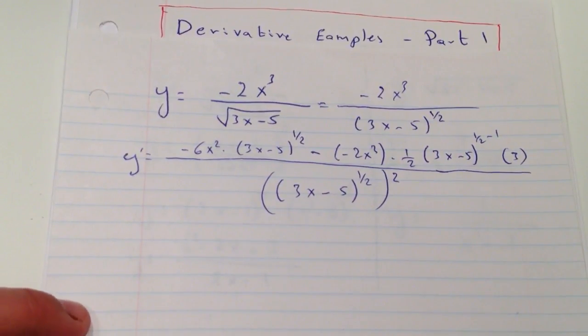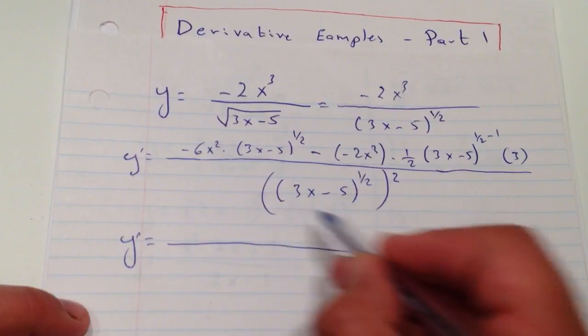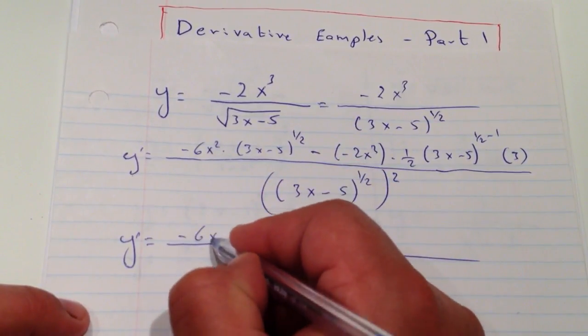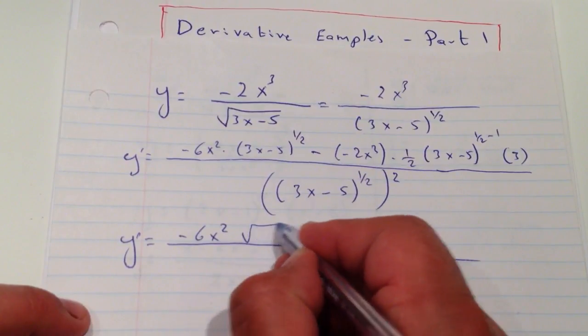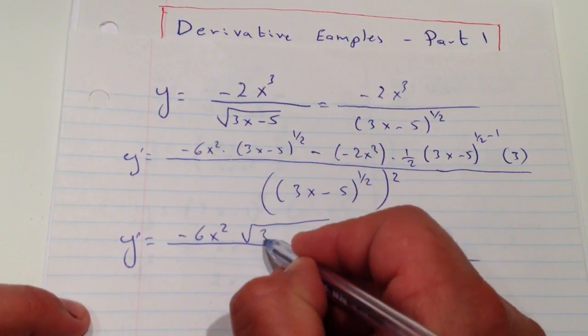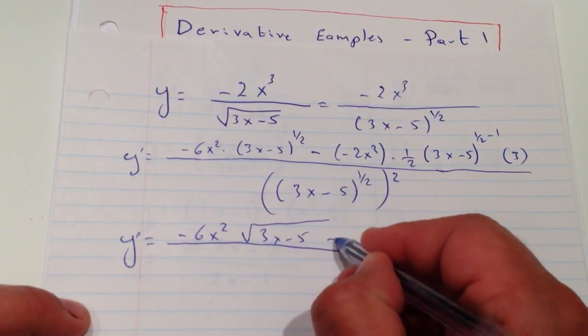So this I can simplify it. Minus 6x squared, I can change this to square root since it's half: 3x minus 5. Minus times minus is plus.